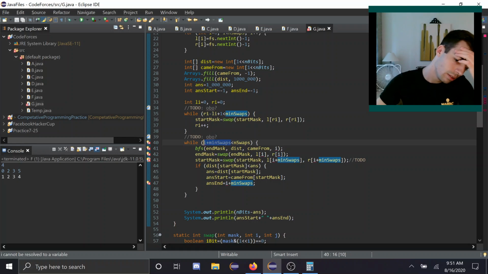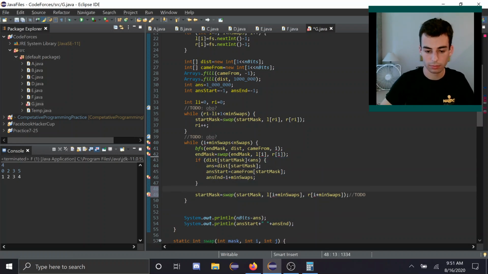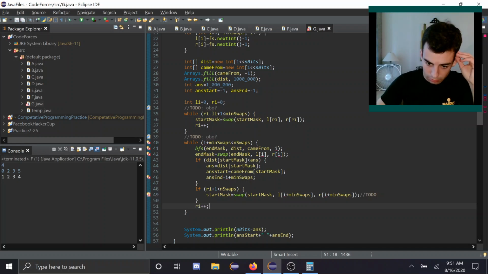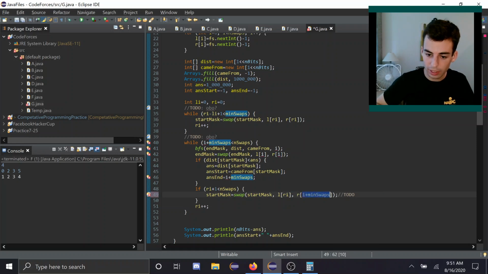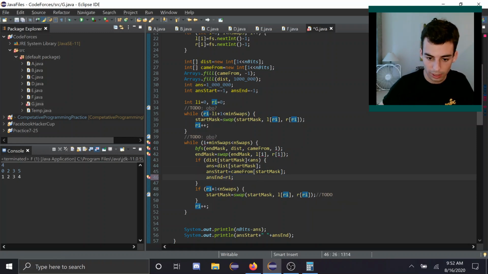This is just, well, that's our right index, this is our right index, and its end will be the right index.